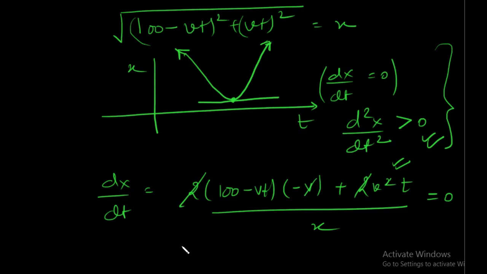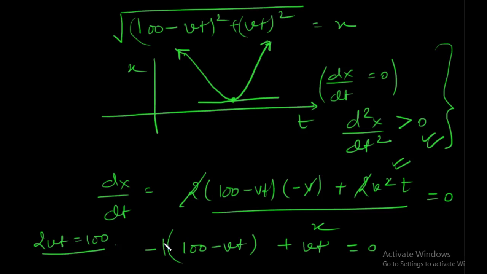So this becomes (100 minus Vt) into minus 1 plus Vt equal to 0. So this becomes twice Vt minus 100 equals 0. So we get Vt equal to 50, and what was V? V was 10, so t would be equal to 5. Alright, 5 seconds.